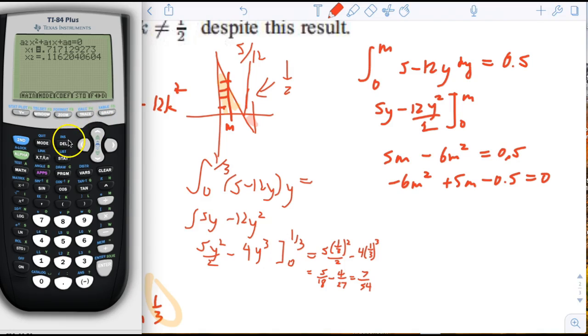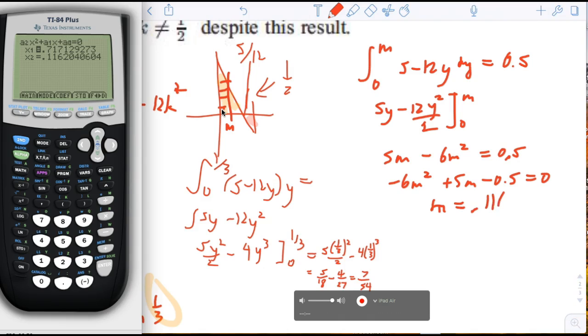And the two possibilities are 0.717 and 0.116. But remember, it can't be anything bigger than 5/12 because it's got to be in the orange triangle, not over here in the red one. So ignore the 0.717, which is too big. The answer is 0.116, right? So the median is equal to 0.116.